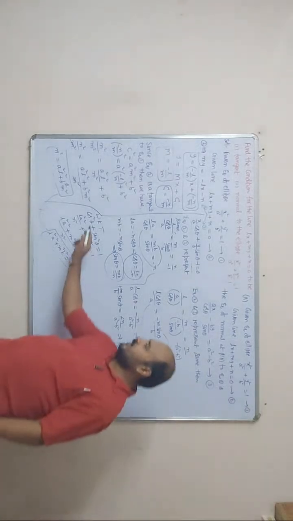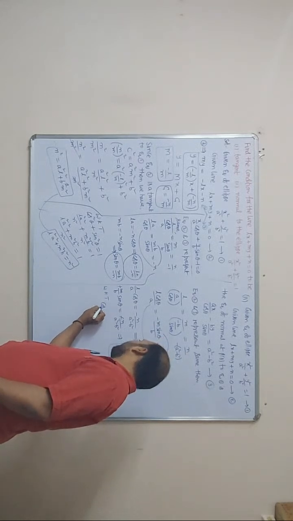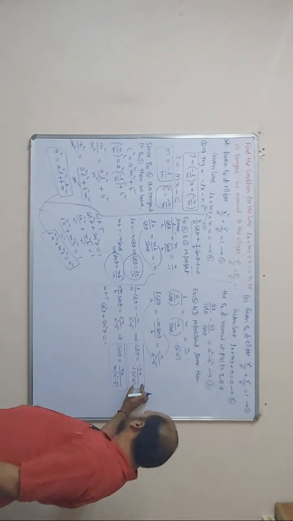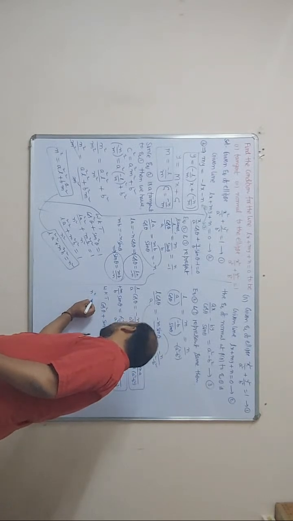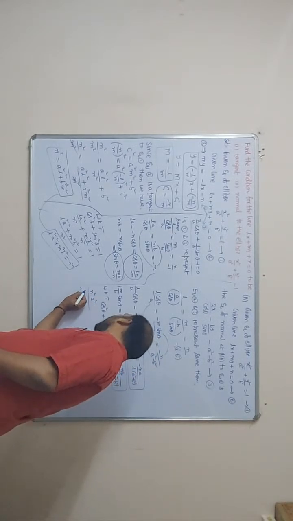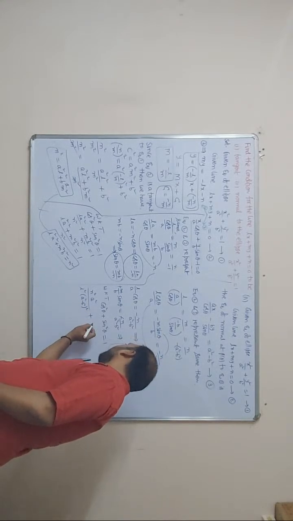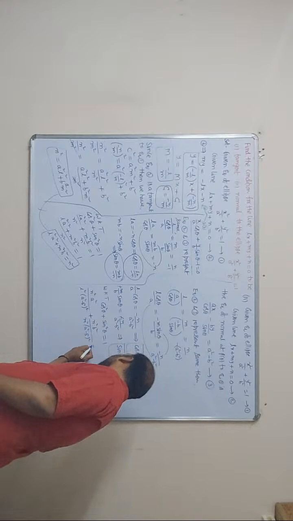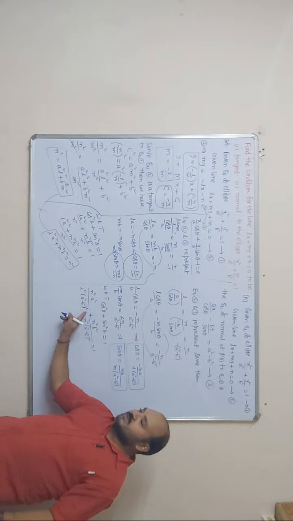Again, we know the sin square theta plus cos square theta concept: cos square theta plus sin square theta equal to 1. So squaring these values and adding these two, directly I am writing n square a square by l square into a square minus b square whole square plus n square b square divided by m square into a square minus b square whole square equal to 1. What term will be common in this? n square by a square minus b square whole square is common.